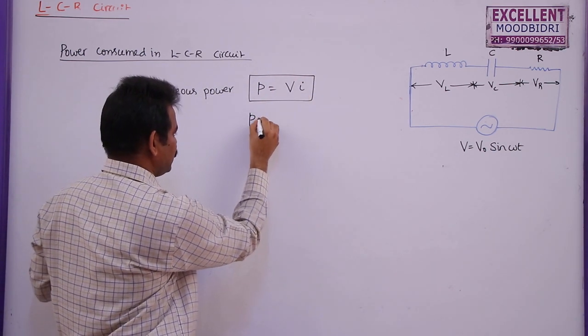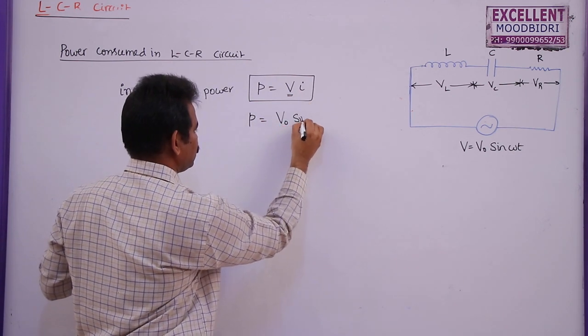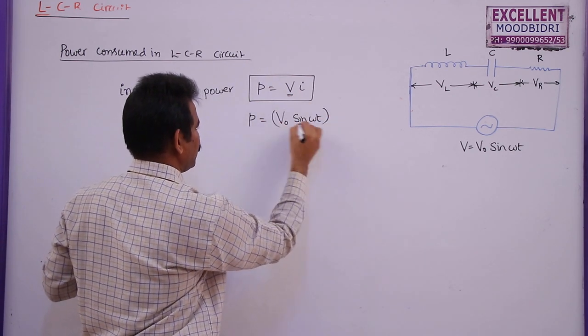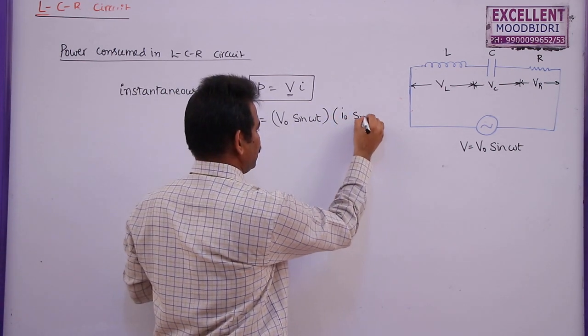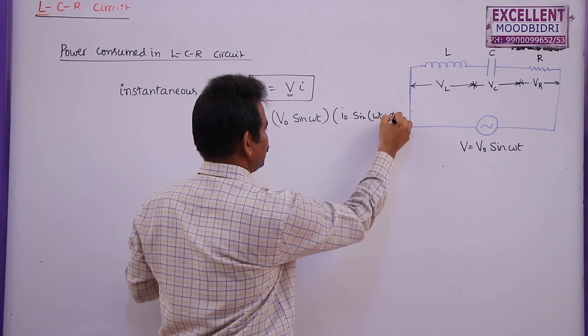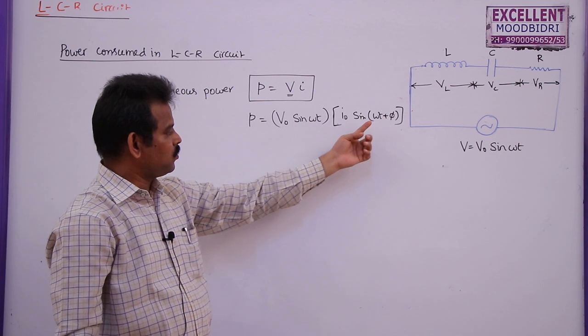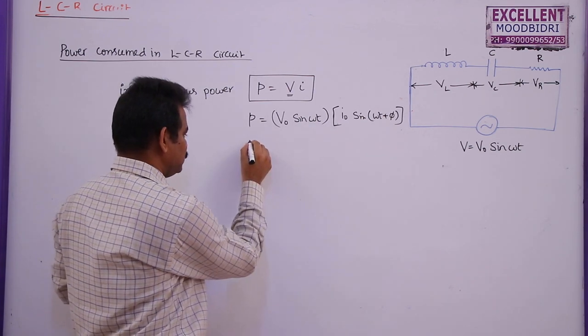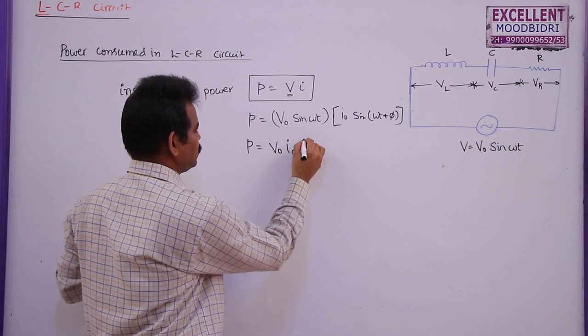So the instantaneous power is equal to the instantaneous voltage, V0 sin omega t, times the current, I0 sin(omega t plus phi), where phi is the phase angle between current and EMF at that particular time. Here V0 and I0 are constants.